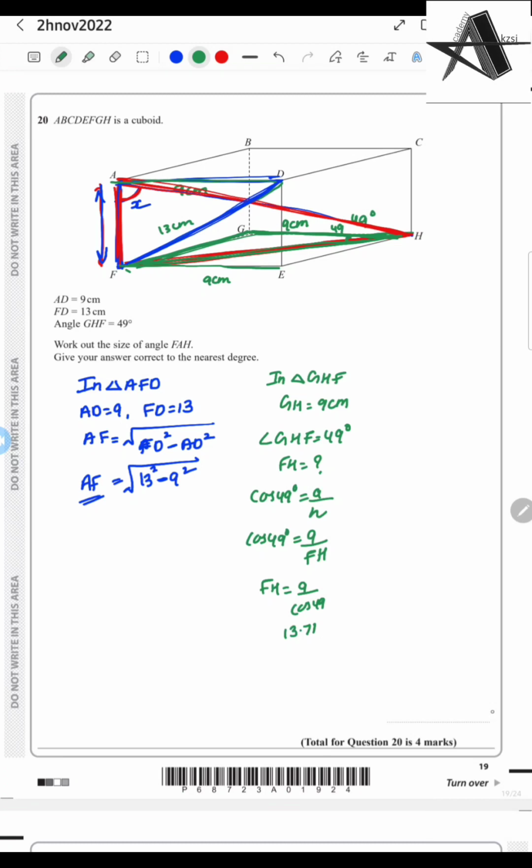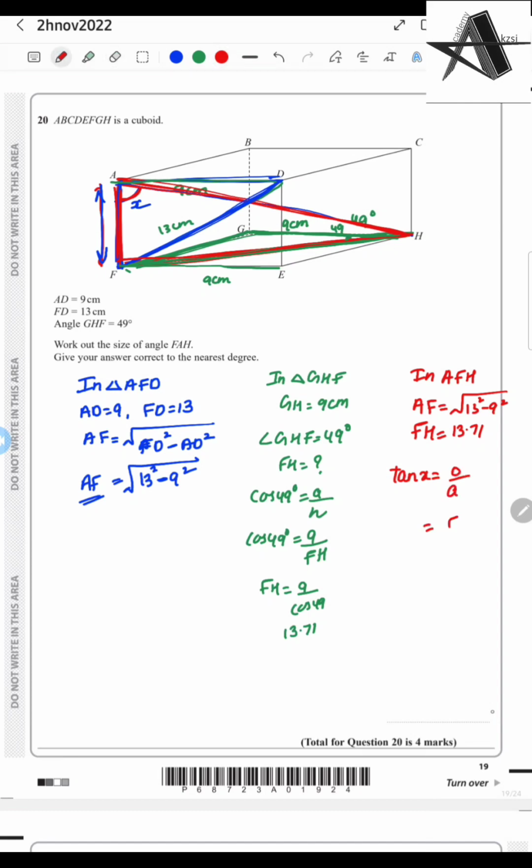Once we have FH, now coming to the third triangle, which is the initial one, the starting one, in triangle AFH we want to calculate X. So what we have: AF, which we have calculated as root of 13 squared minus 9 squared, and we have FH, which is 13.71. To calculate this triangle, simply I can apply tan x, because tan x is opposite over adjacent.